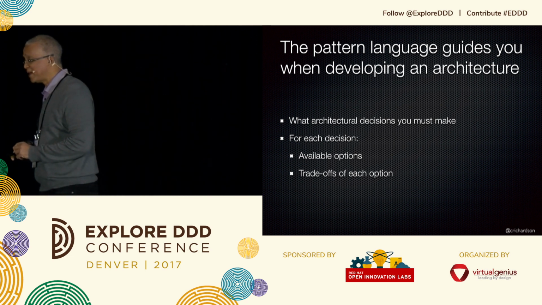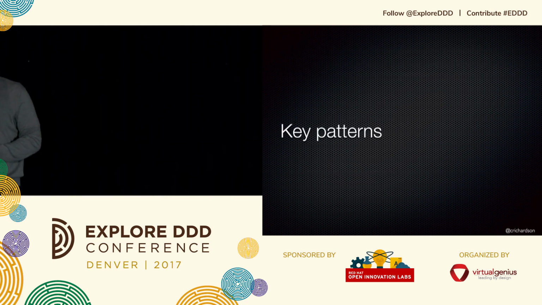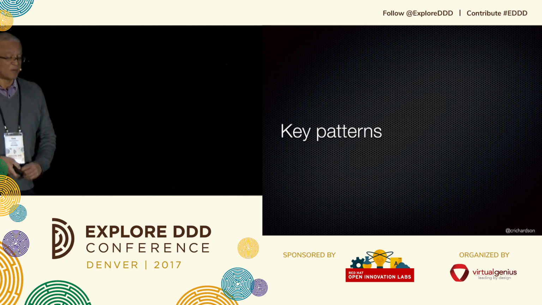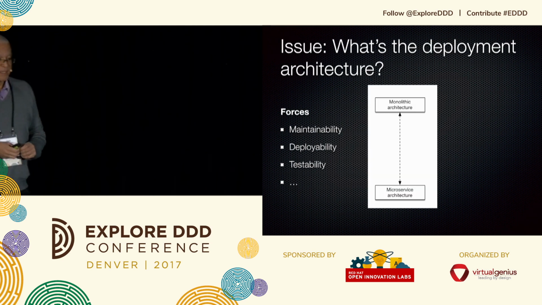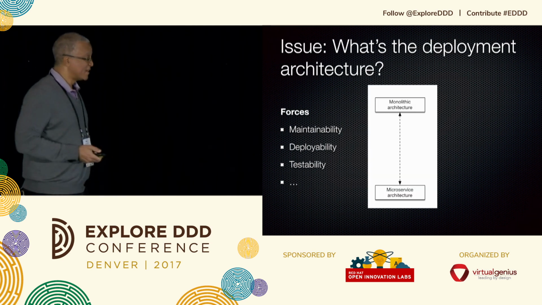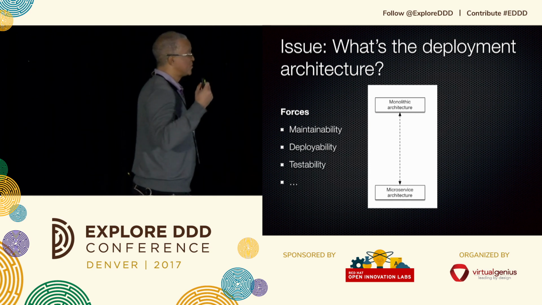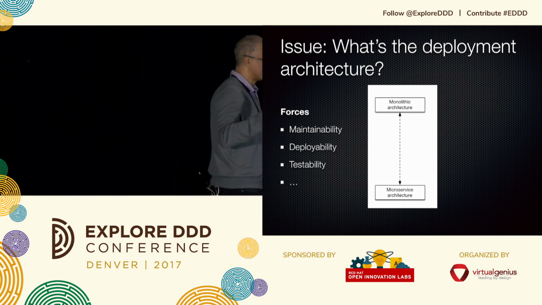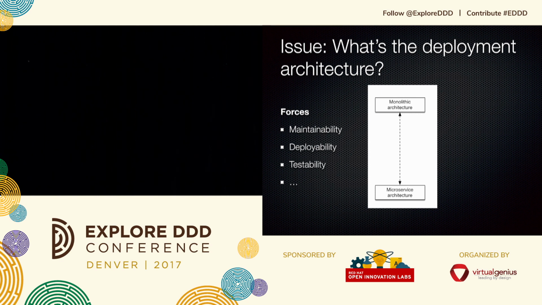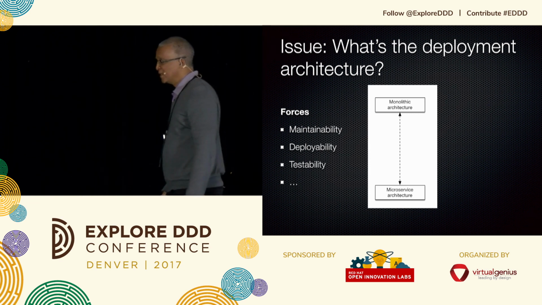So if we look at the key patterns, the first issue you have to decide is, what's my architecture? And there's a bunch of forces. The high-level choice is between the monolithic architecture and the microservice architecture. And I should say that double-headed dashed line indicates that these two patterns are alternative approaches.